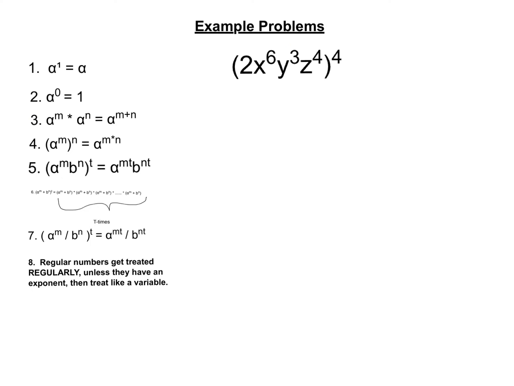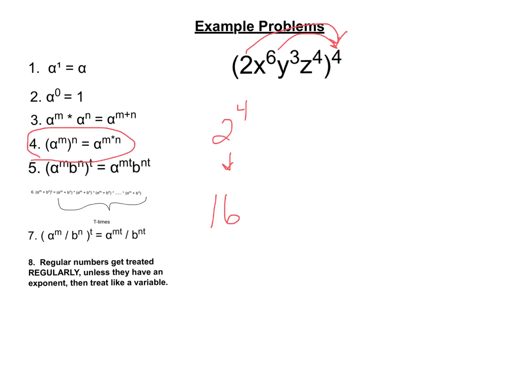Alright, let's look at this next one. Again, regular numbers get treated regularly, and I'm going to a power. So this says it's 2 to the fourth. And 2 to the fourth is 2 times 2 times 2 times 2, or 16. Now, x to the sixth to the fourth. Power to power says we multiply, so that's rule number 4.